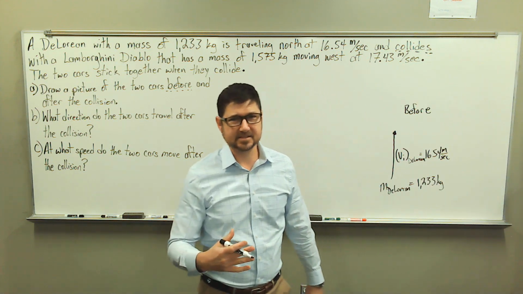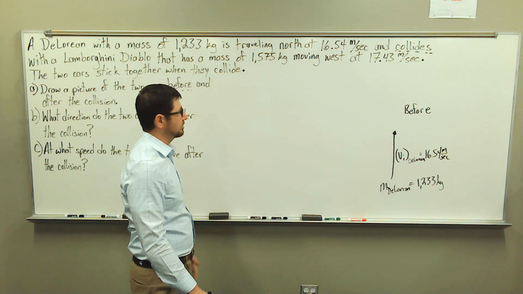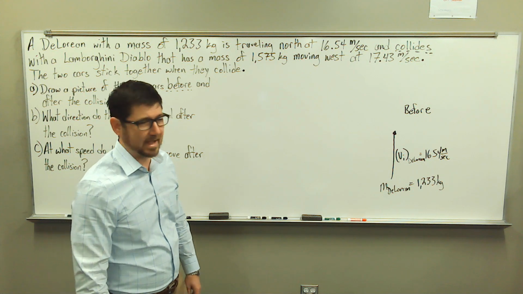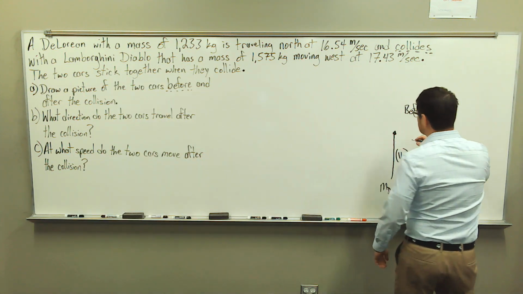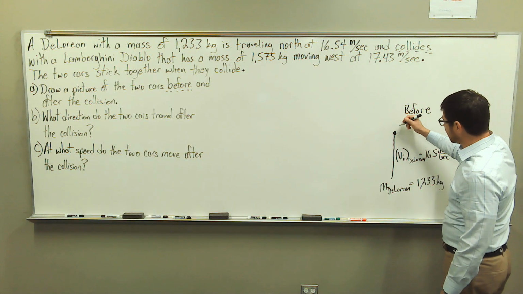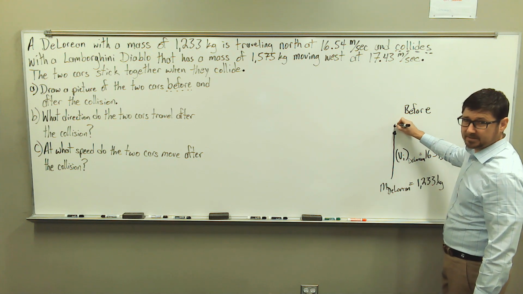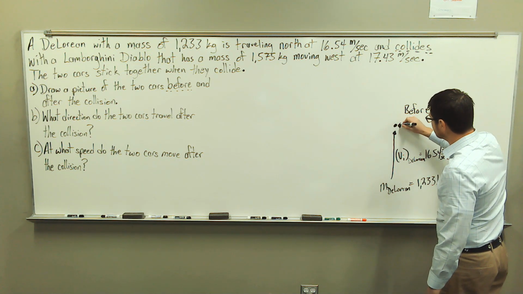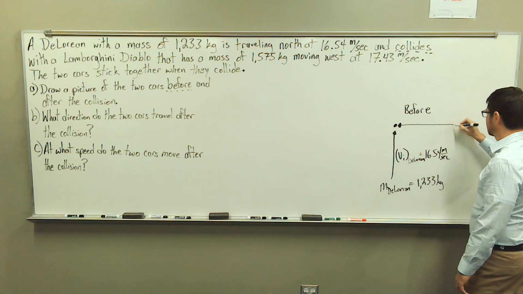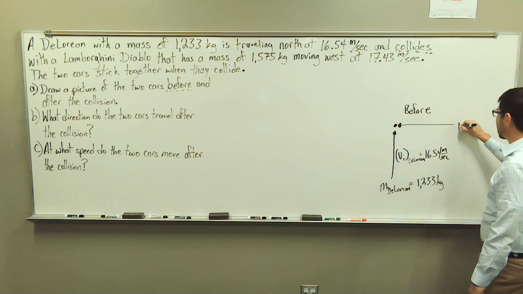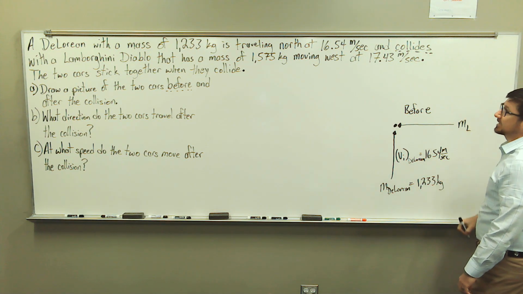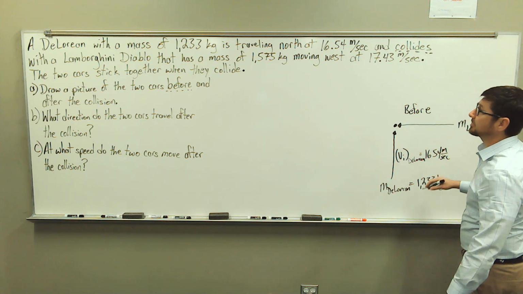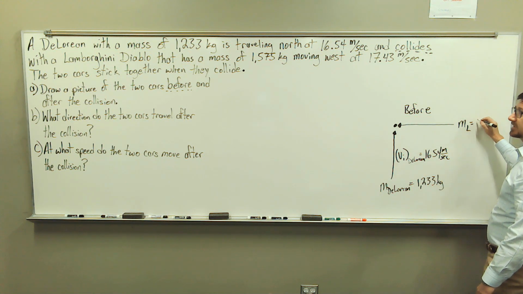Next, let's draw the Lamborghini Diablo's vector. It's headed west, so it's going to be pointed in a negative x direction. Now I'm going to draw a point here that represents the collision of the two vehicles. The mass of the Lamborghini is 1,575 kilograms.